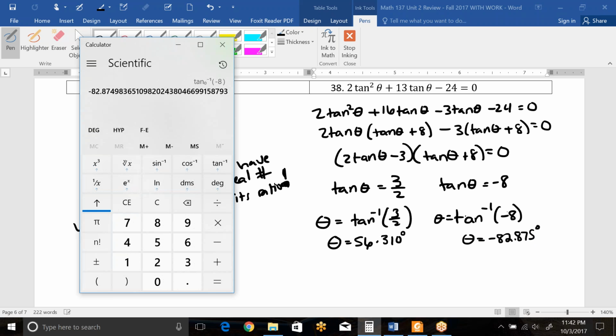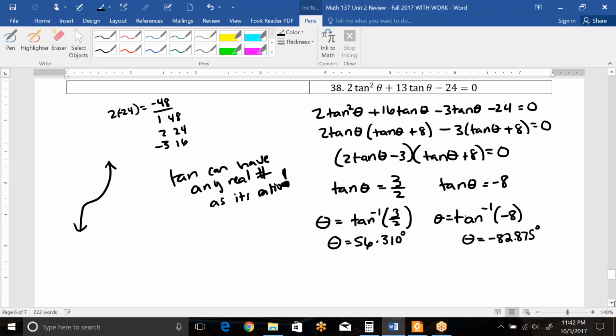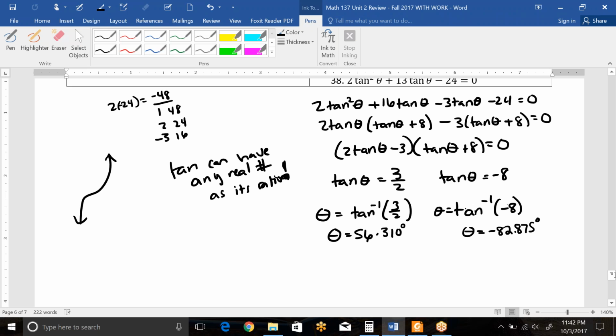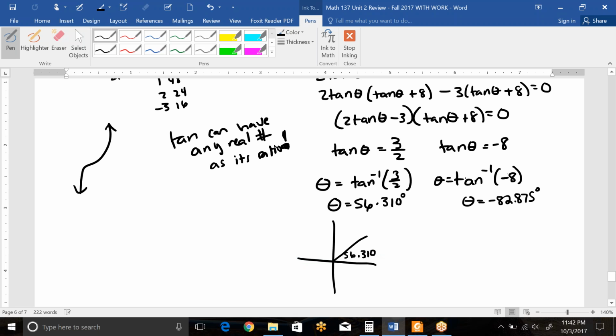Okay, so we need to place those both on the quadrants that they're correctly on and then find the matching quadrant answer. And remember, for the negative one, we will need to report it as a positive angle between 0 and 360. So for this first one, remember tan inverse is in quads 1 or 4. This would be in quad 1. So that's 56.310. That means the other angle for this pair is where tangent is, again, positive 3/2, which will be down here.